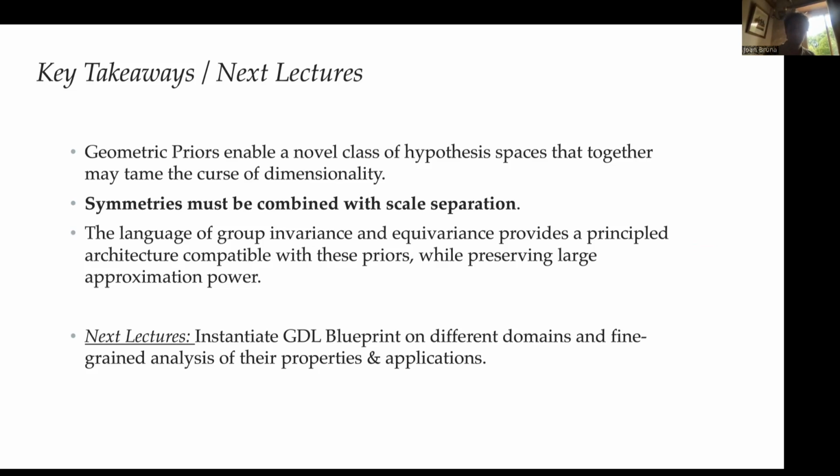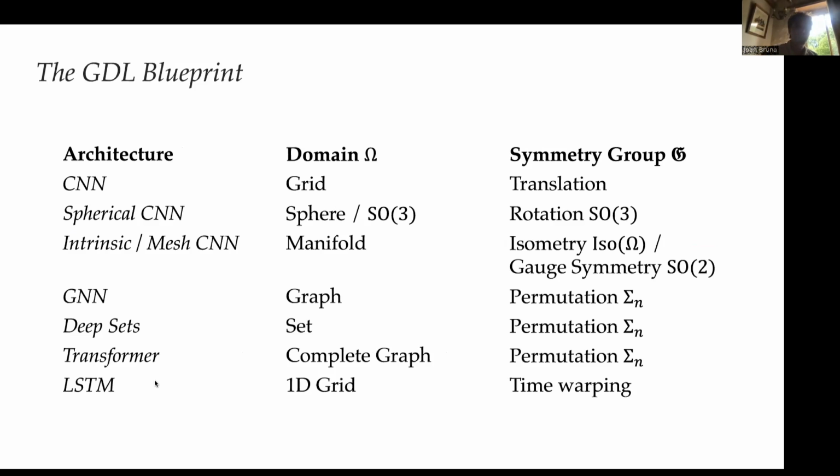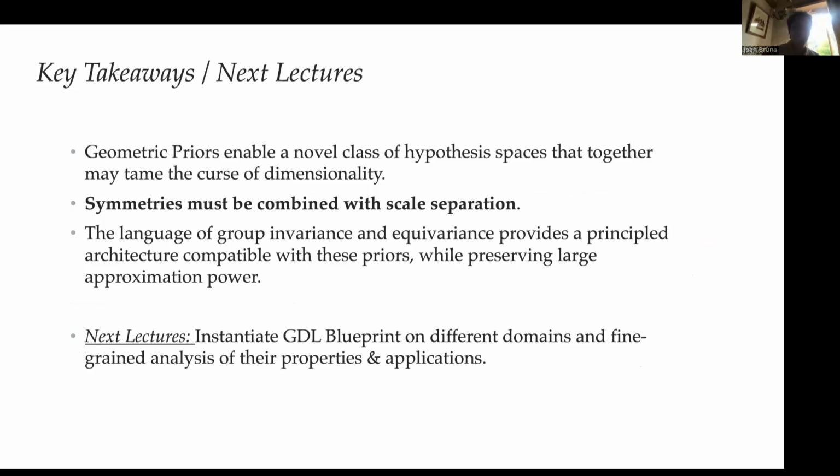So on the surface, you might see that all these architectures are the same, that they basically have exactly the same structure. Well, because the grid, the sphere, and these groups have some different properties, these differences in the domain and the group are going to induce differences in the architecture. And this is what we are going to describe in the next lectures.